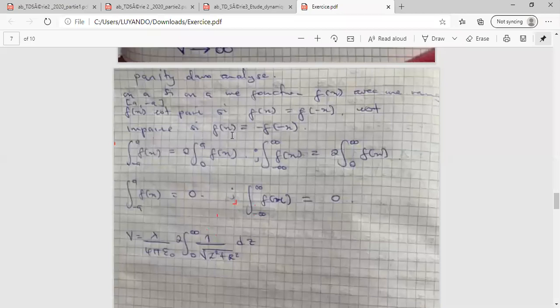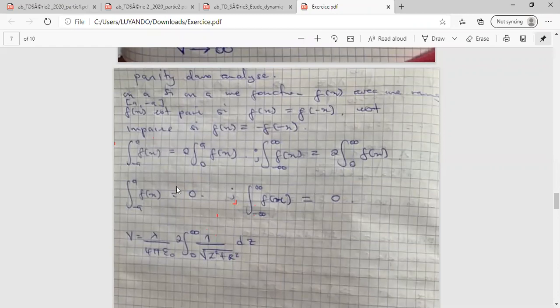Explained simply, if I have a function f of x with the limits a to negative a, and it's even, this expression can also be written as 2 times the integral from 0 to a of f of x. In our case, where I have positive infinity to negative infinity, it can also be written as 2 times the integral from 0 to infinity. If the function is odd, the integral of f of x from negative a to a is equal to 0.